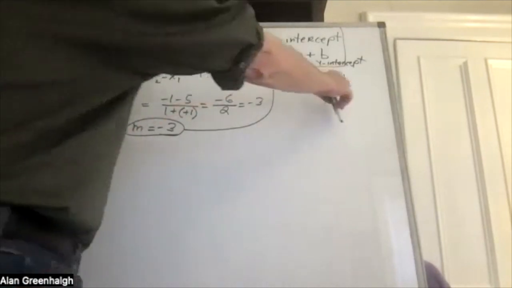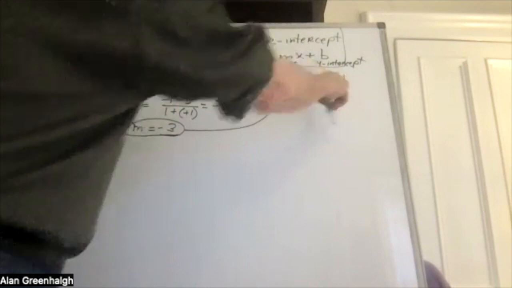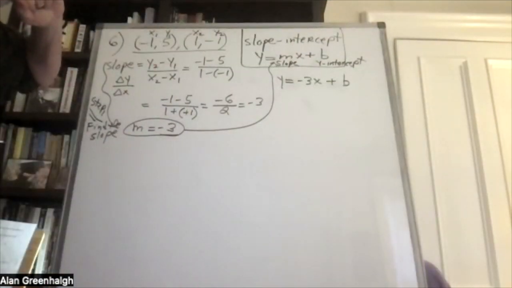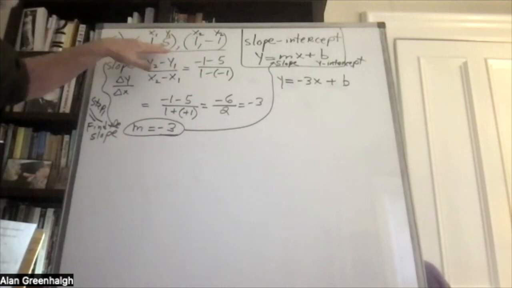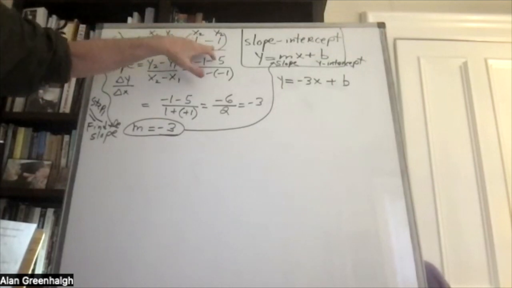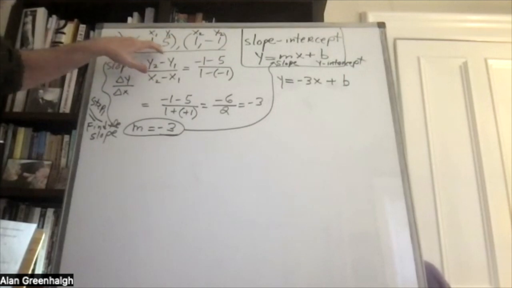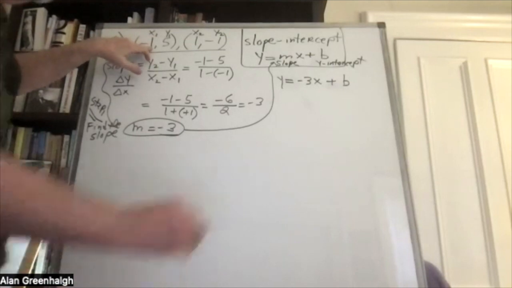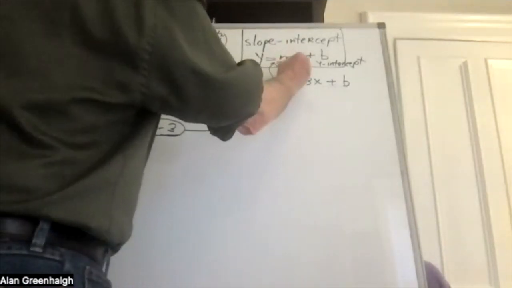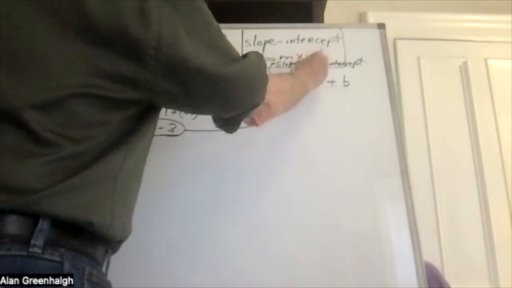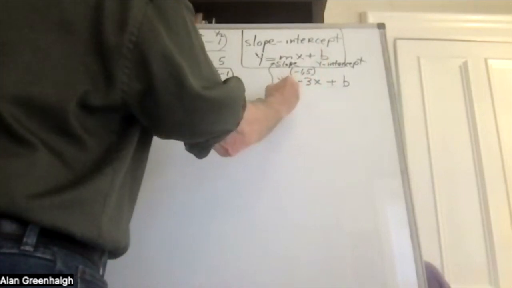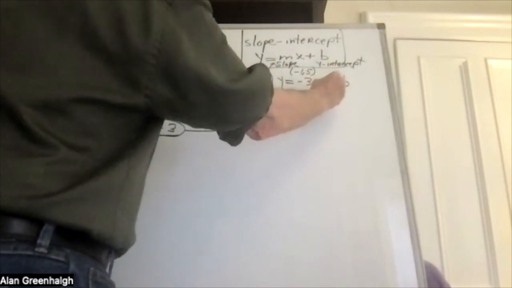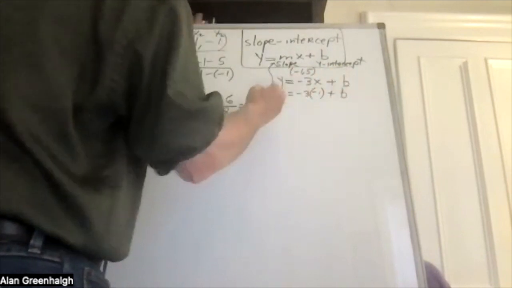And then to find what b is equal to, you take one of these 2 points. It doesn't matter which one you use. You could use this one and then check by using that one. But let's pick one of the points. I don't really care what we use. Let's use this one. This is the first one. So this is 5 equals -3 times -1 plus b.